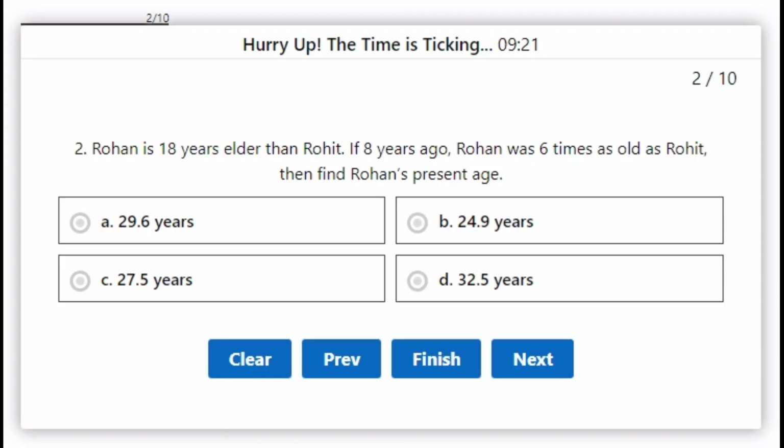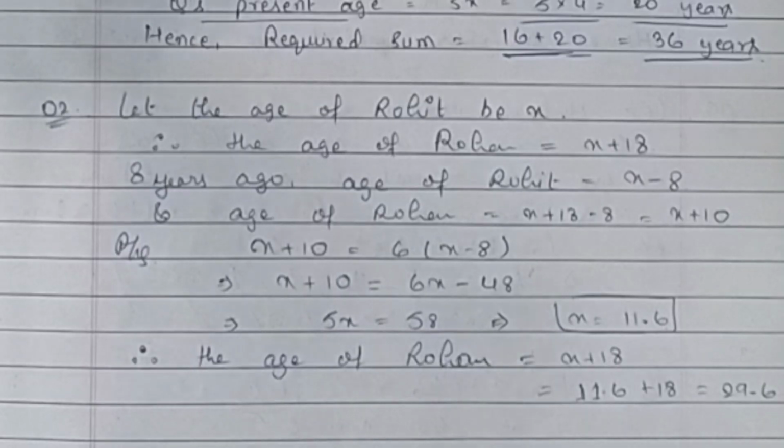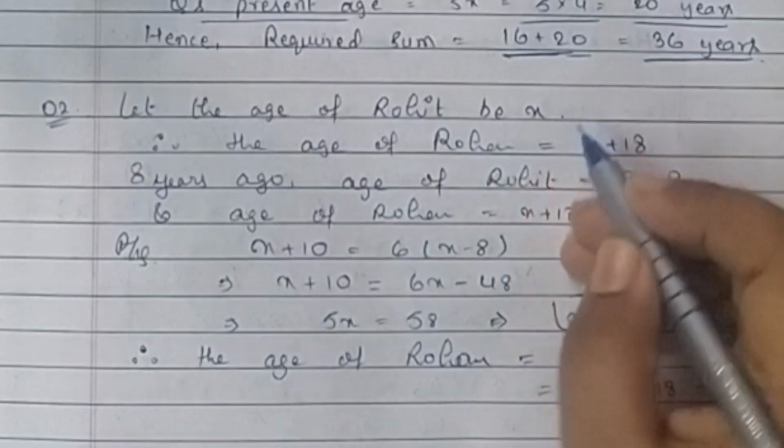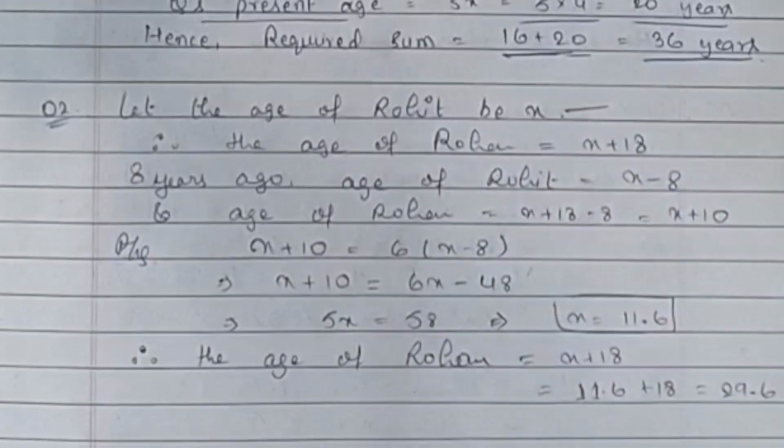Our second question is: Rohan is 18 years older than Rohit. If 8 years ago Rohan was 6 times as old as Rohit, then find Rohan's present age. According to the question, we have assumed the present age of Rohit to be x.